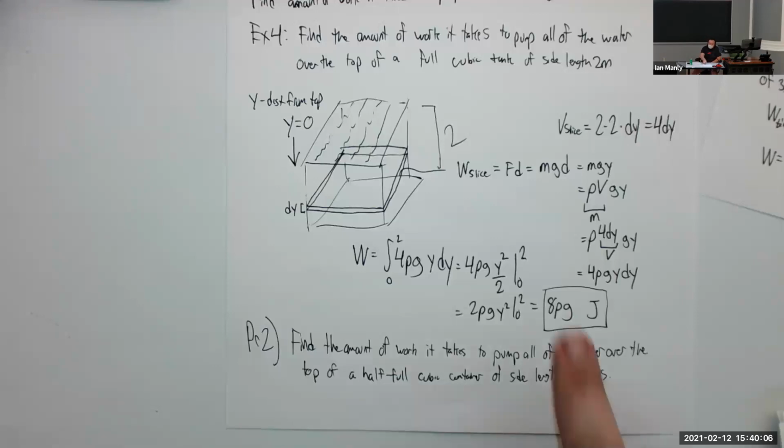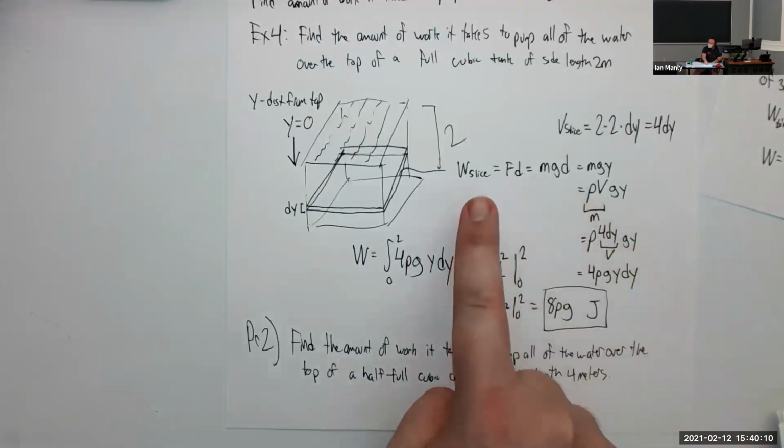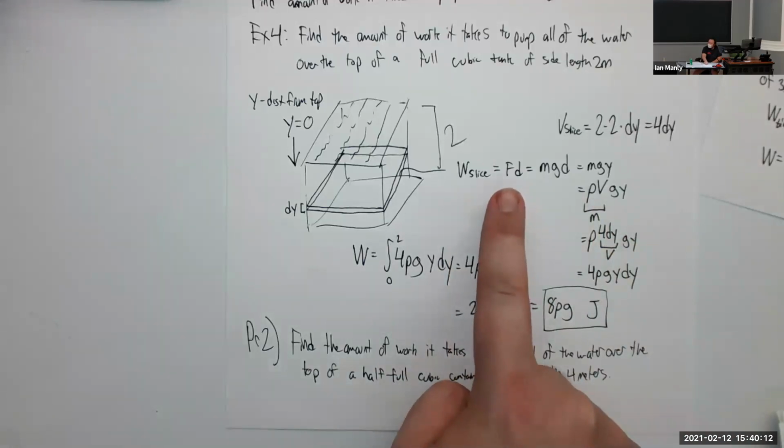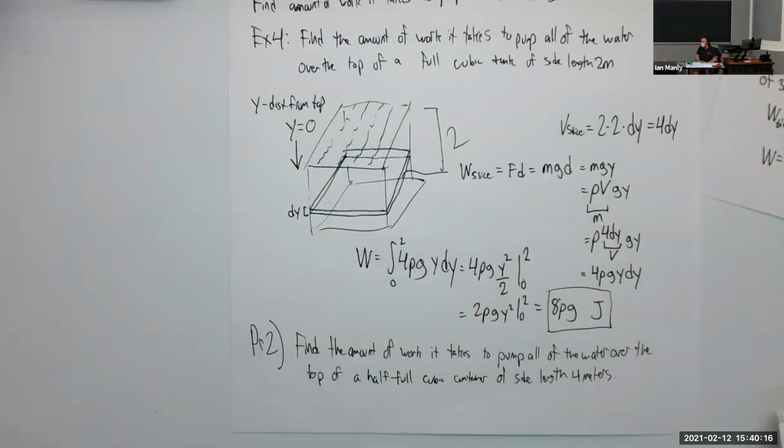Well, the slice stuff should be similar to the way we did it here. So we want to figure out the work it takes to move one slice, and the work is going to be force times distance. And so you go through the same process, only this time the side length is 4.